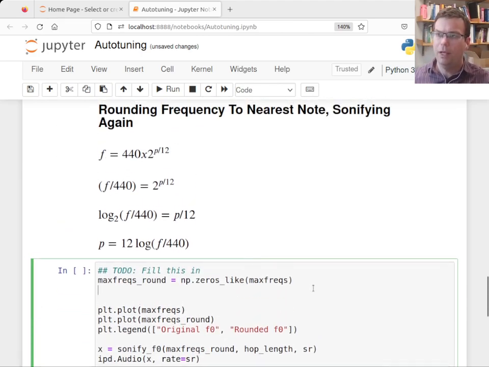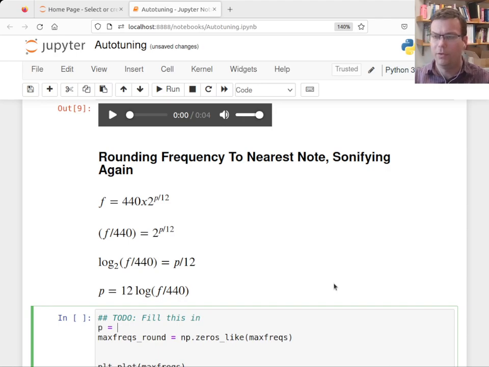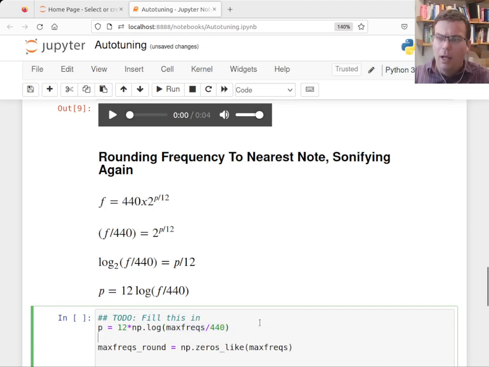And so what I'll do is first I'll compute this note number. I'll say p is equal to 12 times log of the max freqs over 440. So those are the frequencies that I got from pYIN about tracking this. And then I'll round. Let's round to the nearest integer.